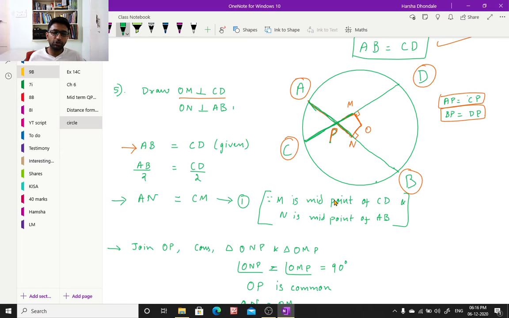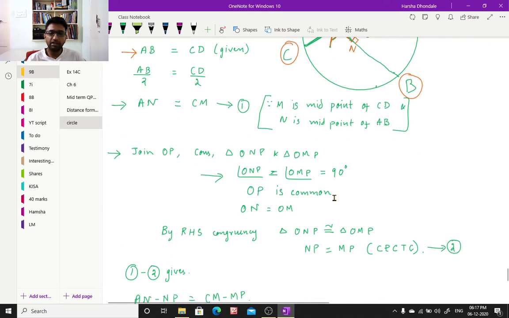Next, I will join OP. Now consider triangle ONP and OMP. Angle ONP is equal to angle OMP, and that is equal to 90 degree because of the construction.